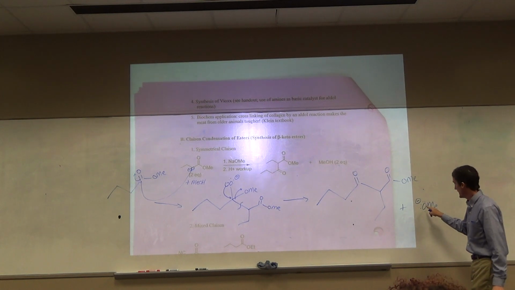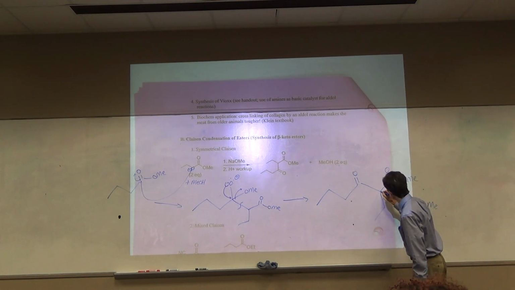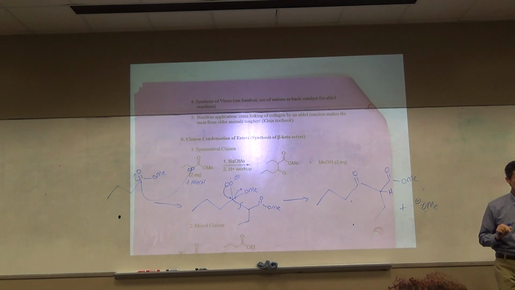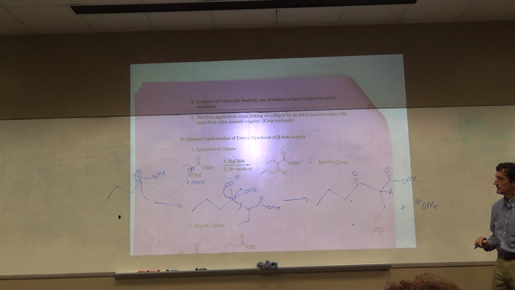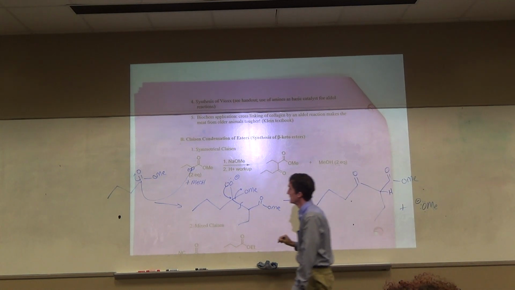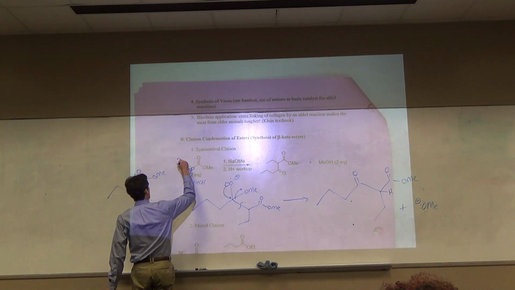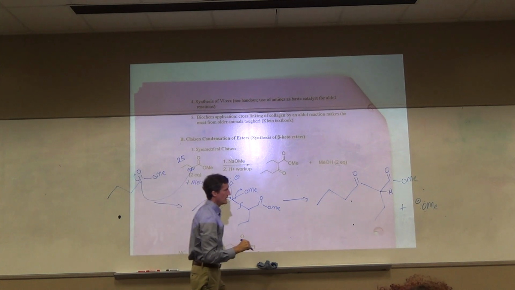At this point, this is going to take an H. Look at this H here. Does it have any acidity? Yes. What's the pKa of this H approximately? 20. Over here, the pKa was about 25.